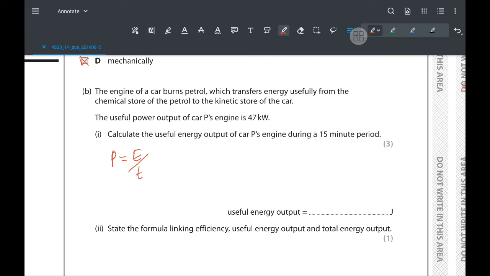We know the power, so I will rearrange to find E = P × T. So when I substitute, power is 47 kilowatts, so I'm going to write this as 47,000. Time is 15 minutes, so 15 × 60. So my answer for energy will be 42.3 million.